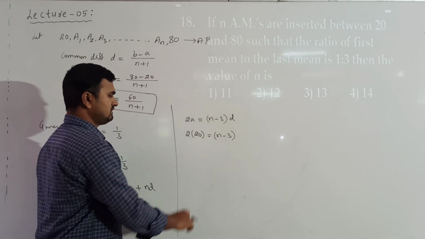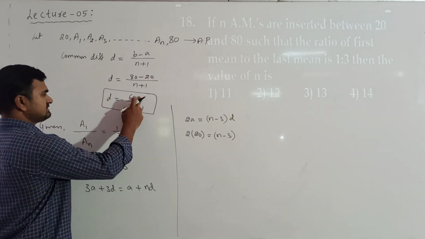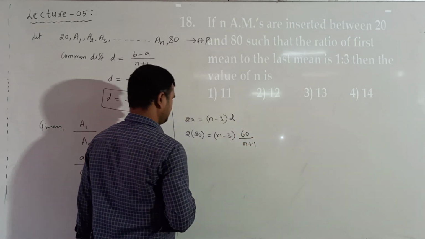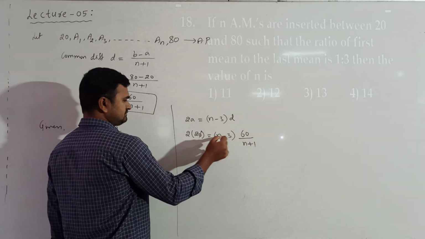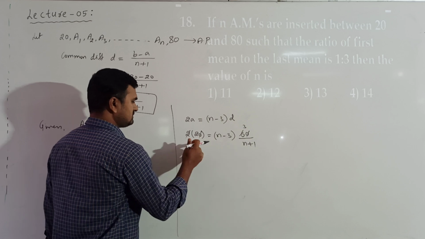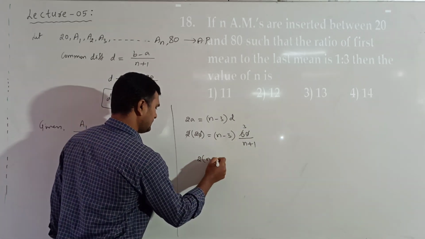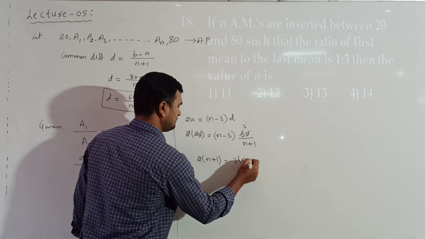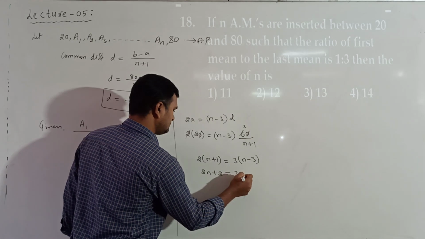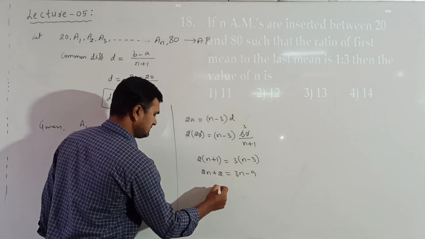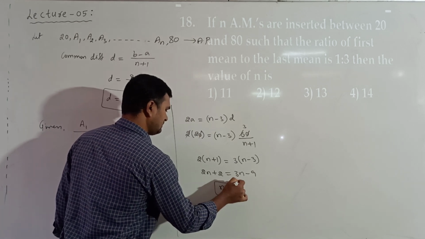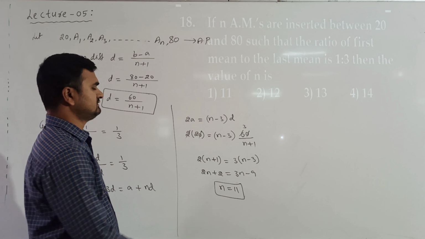Now we need the n value. So d is 60 by n plus 1. So we can cancel 20 three times. So 2 into n plus 1 is equal to 3 into n minus 3. So 2n plus 2 is 3n minus 9. Here n is 11. So the required n value is 11.